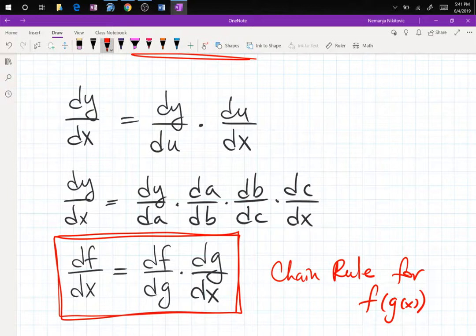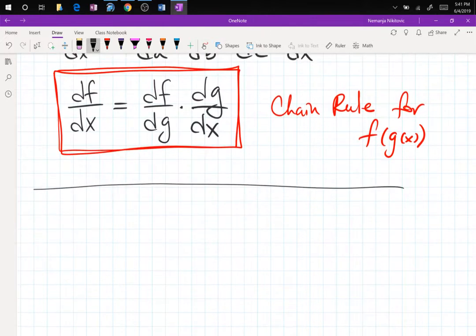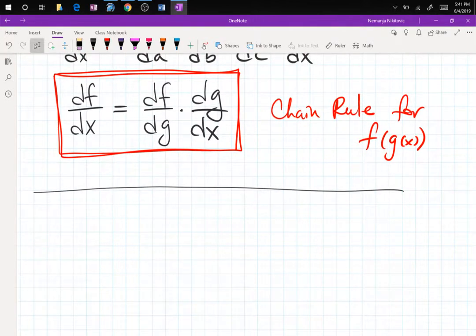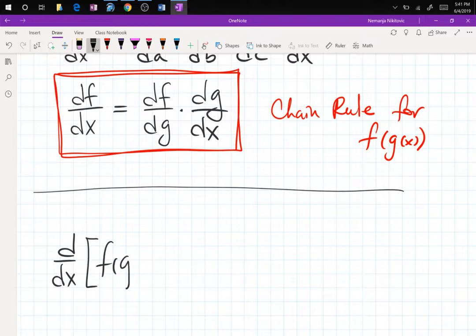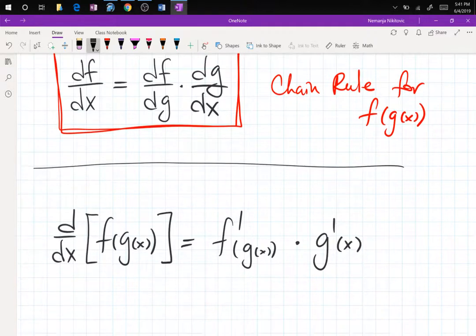Now this form is not really user-friendly. The one form that we actually like to use all the time is: the derivative of f of g of x is f prime with g plugged in, times g prime of x.